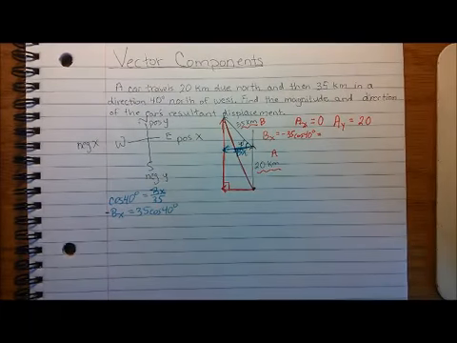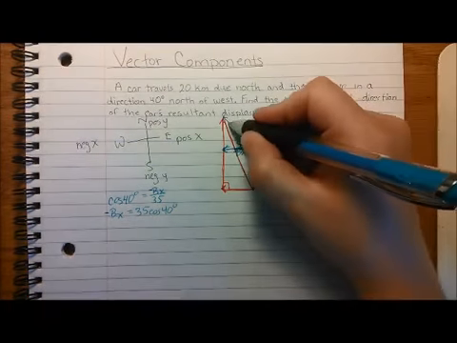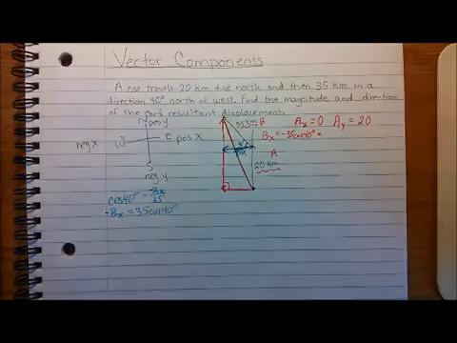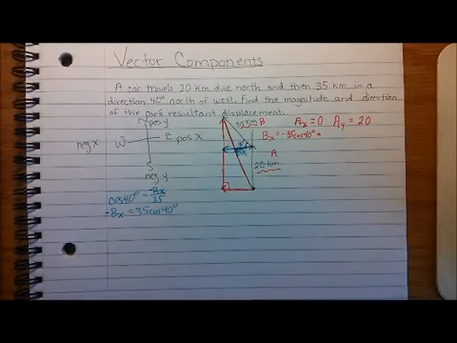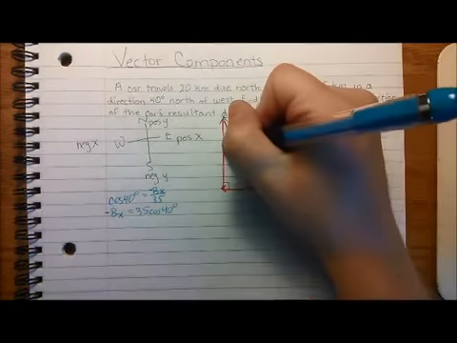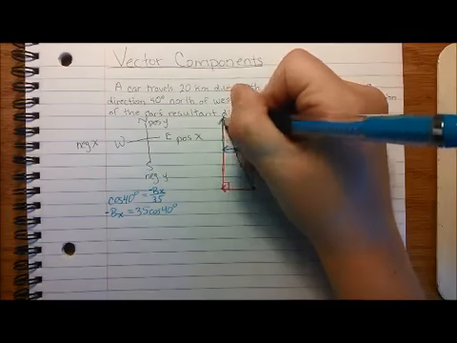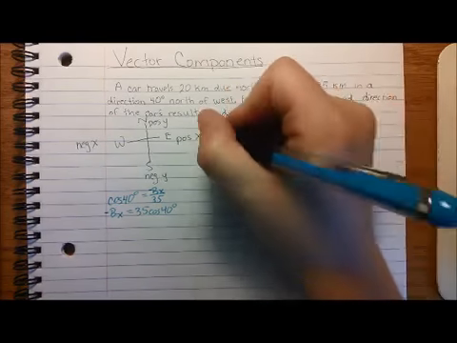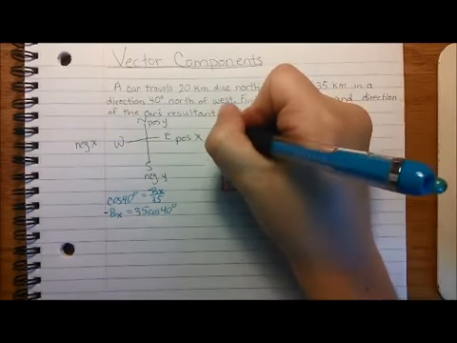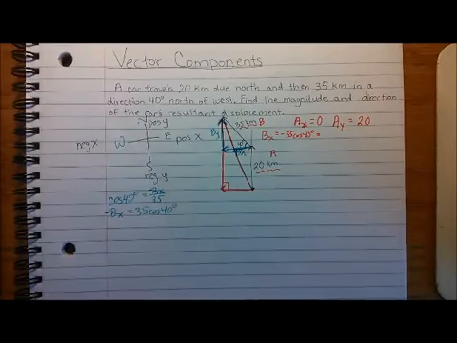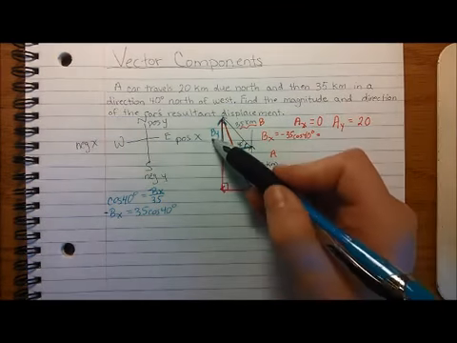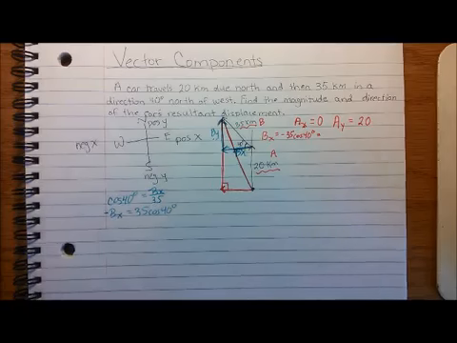All right, let's look at by. Does this vector go off in the y direction at all? And the answer to that is yes. It goes this much in the y direction. So that's by. In this case, we want to use the sine function to solve for by. And the reason for that is that by is opposite and we have our hypotenuse.